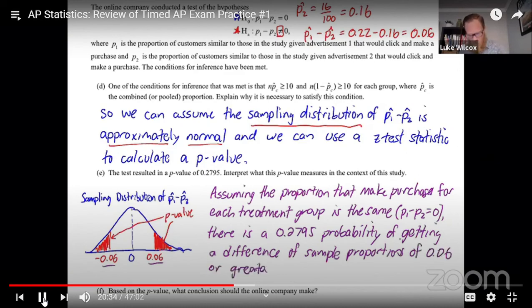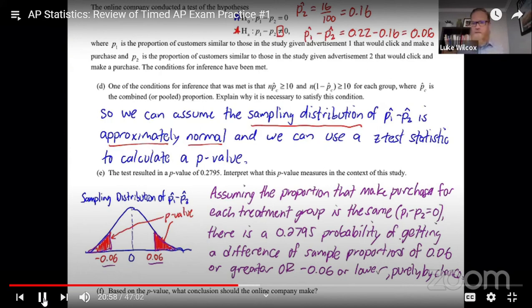That gives me the right-hand side shaded region, that's this, or negative 0.06 or lower is going to give me the other side of that normal distribution purely by chance. So there is our interpretation of the p-value.